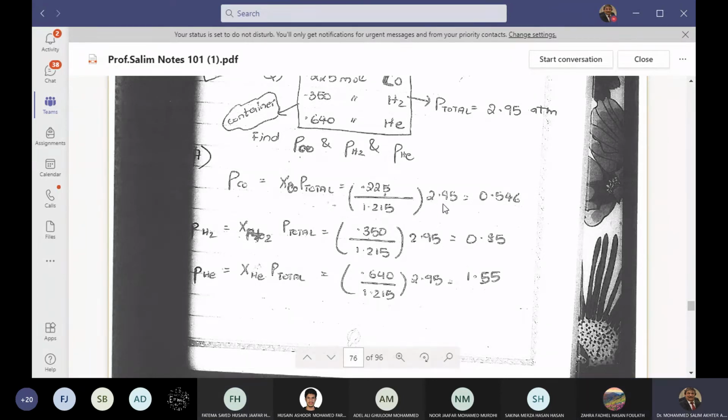This multiplied by 2.95 gives 0.46 atm. Is this correct? Yes. I don't trust him, that's why I want to do my own calculation. 0.350 over 1.215 multiplied by 2.95. Is this number correct? 0.85. Also yes. Do the last one.